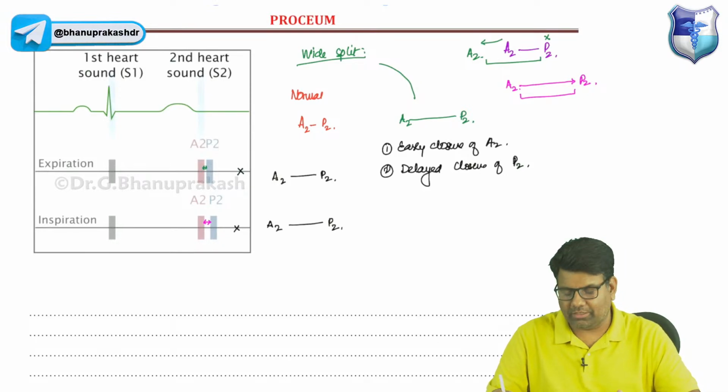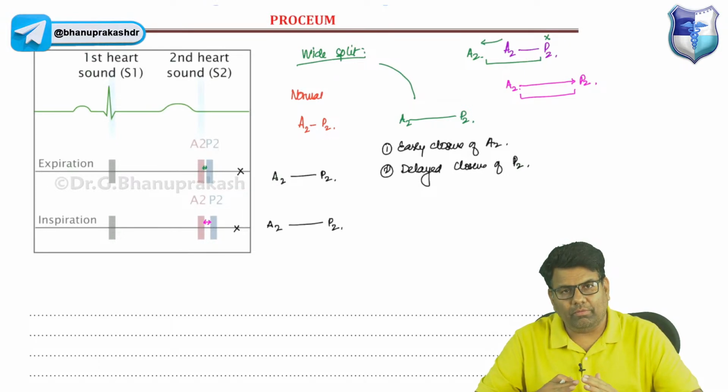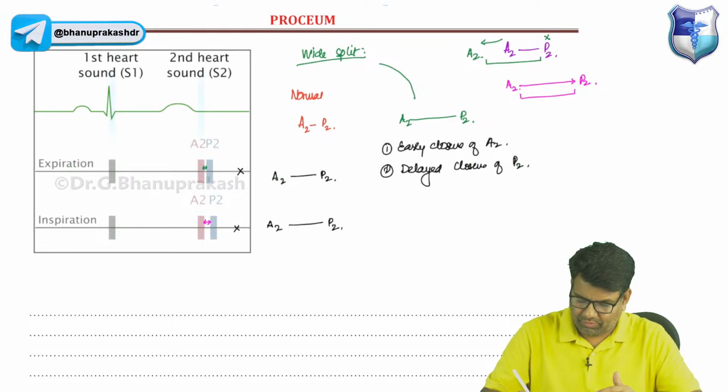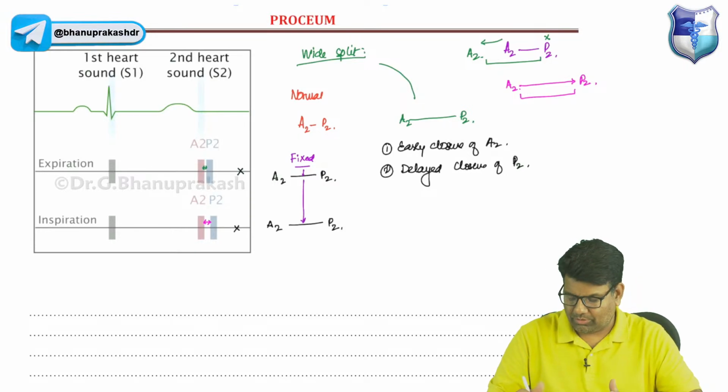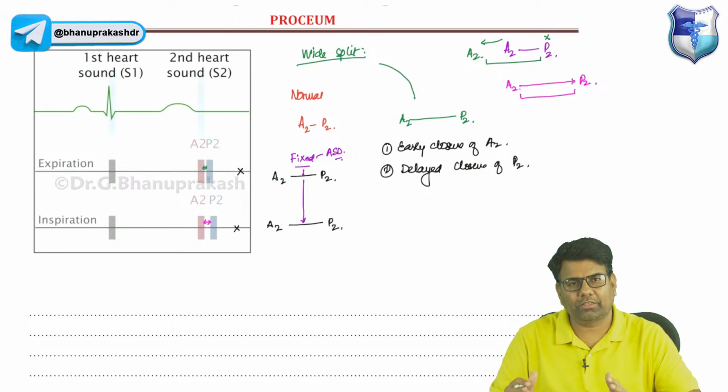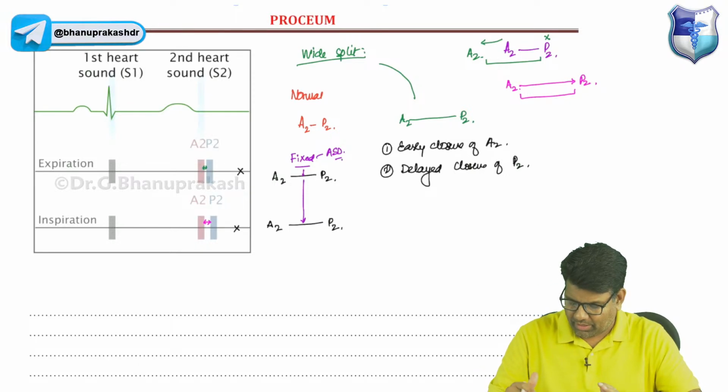In another case, whatever the gap is during expiration, it will widen a little bit more during inspiration, so that gap changes as per the phases of respiration. But whenever we are using the word fixed, that gap is fixed. Whenever you find the words fixed, wide split, think of ASD.